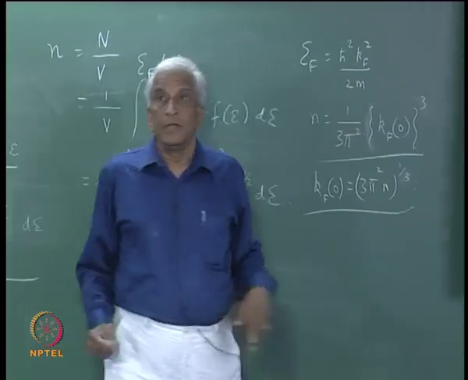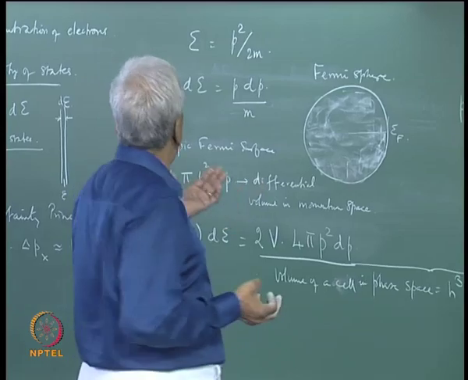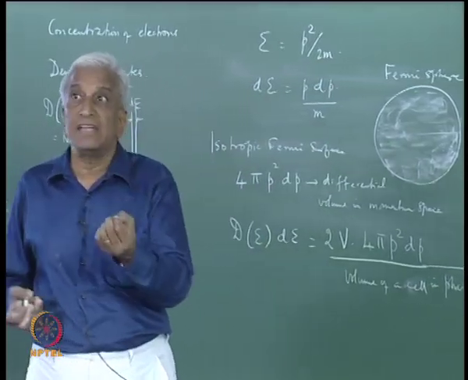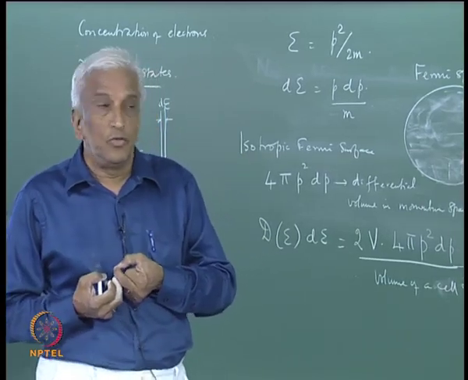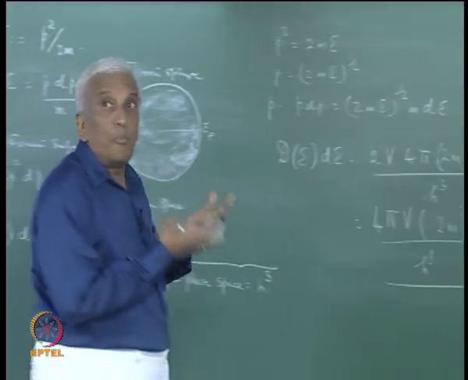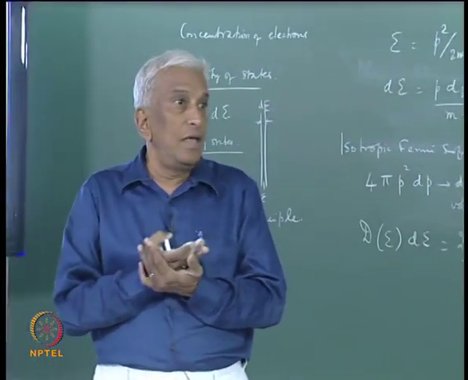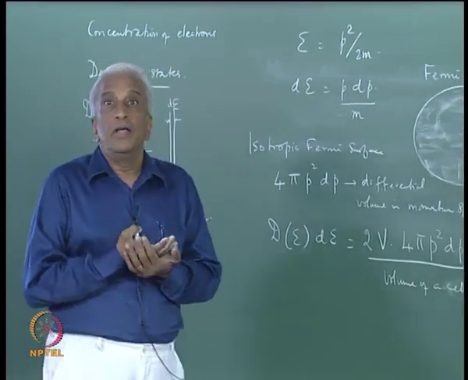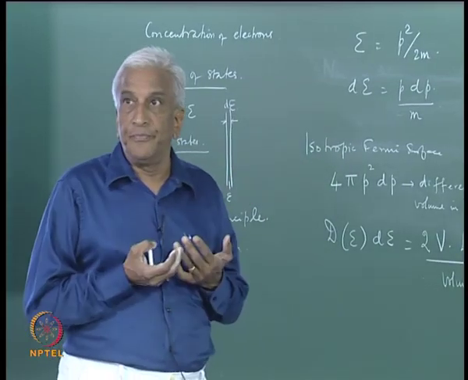Now, we assume that, for example, in a metal like sodium, each atom donates 1 electron to the conduction band. So, if we have a mole, a gram atom of this solid, then this will contain, as is well known, an Avogadro number of atoms.